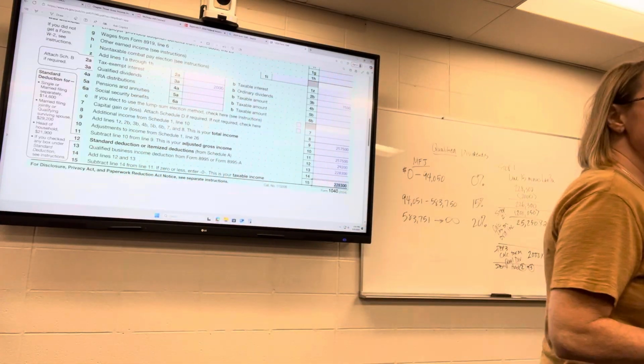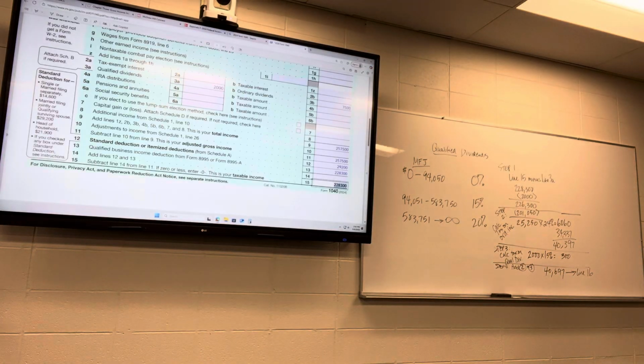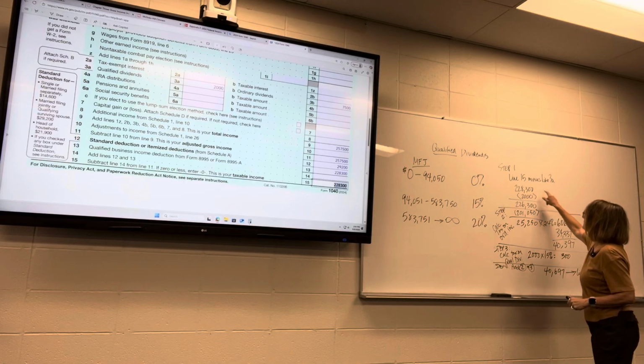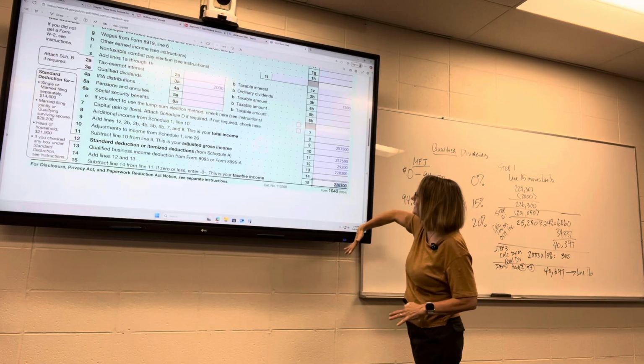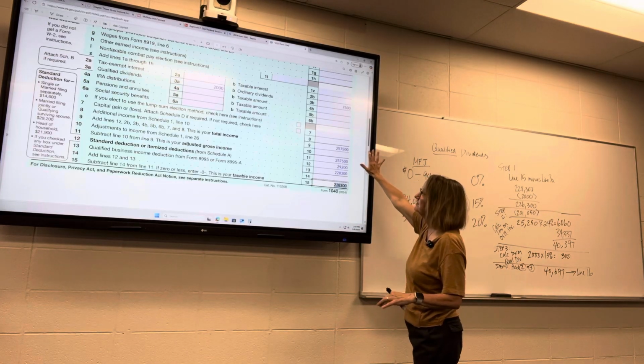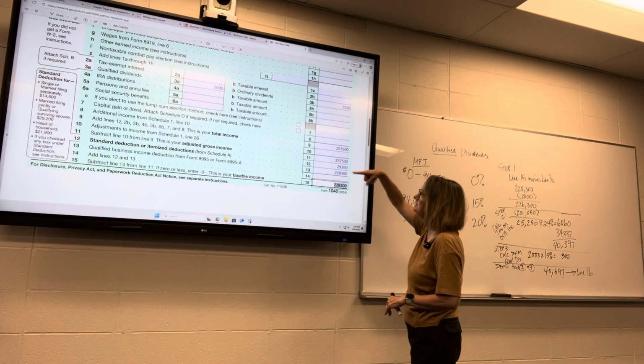Can you guys see that? Not really, because all these are in the way. All right, so again, first thing we're going to do, I'm going to take line 15, do everything here, put everything on the form, take line 15, subtract line 3A.